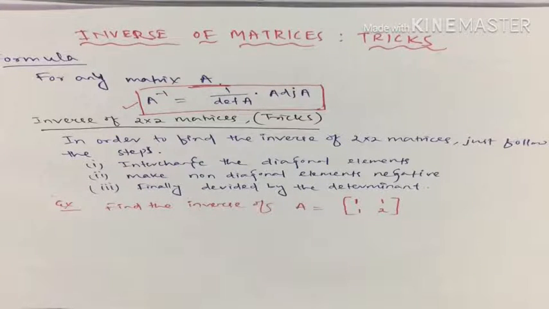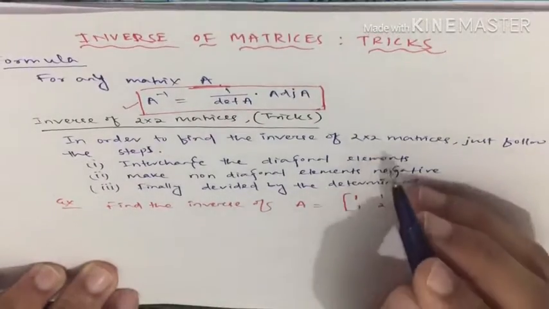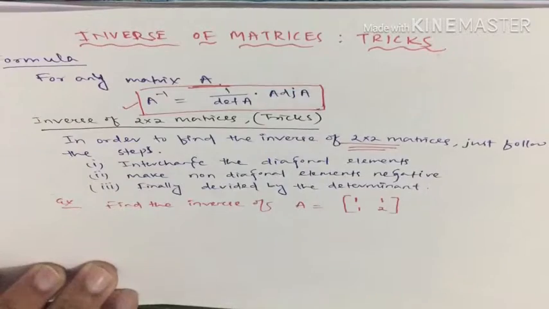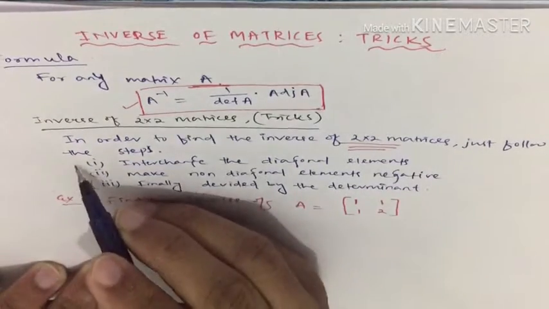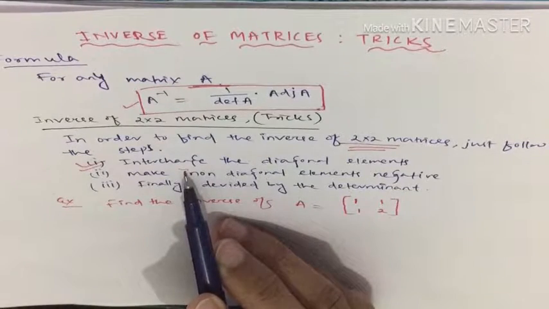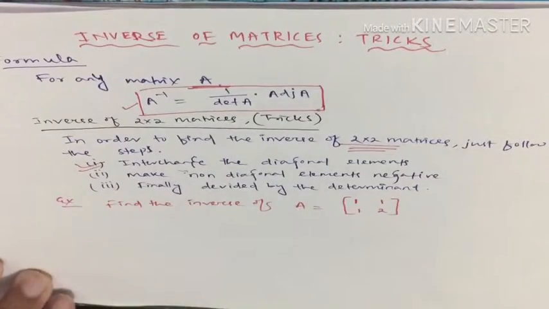Here, look at first how to find the inverse of a 2 cross 2 matrix. Just follow these steps. If any matrix A is given, then how can you find the inverse of a 2 cross 2 matrix? First, you have to interchange the diagonal elements. For any 2 cross 2 matrix given, just interchange the diagonal elements first.